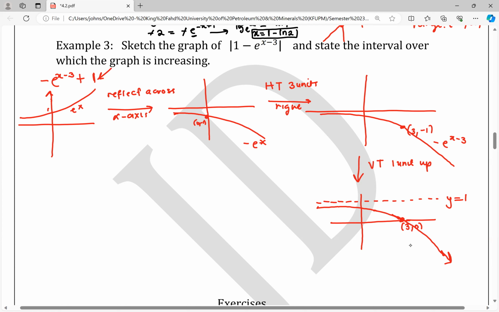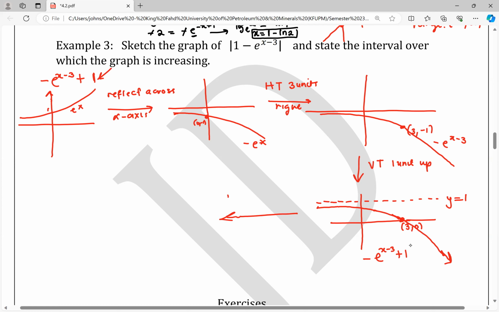Now, what is this graph? This is the graph of 1 minus e to the power minus x minus 3, plus 1, okay? Then finally, we can put the absolute value.